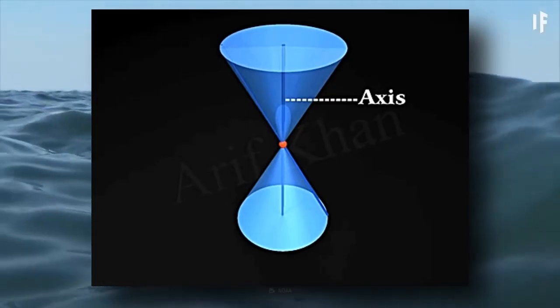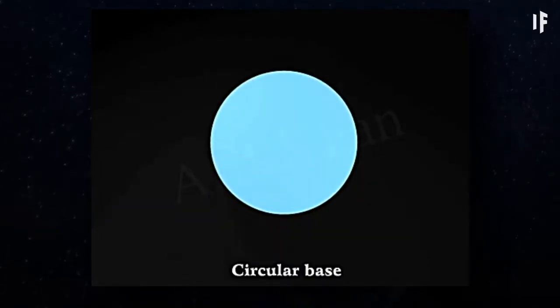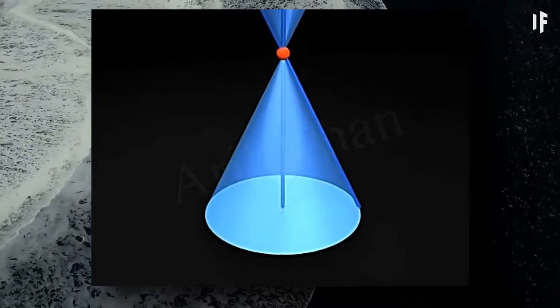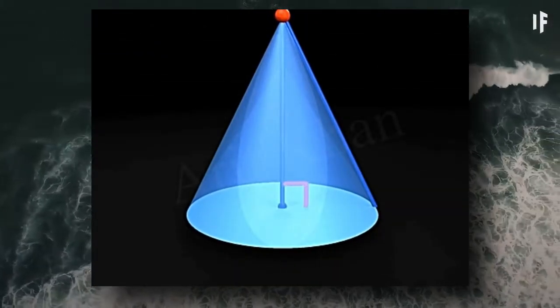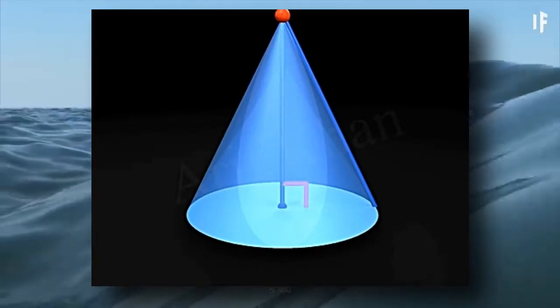axis. A right circular cone has a circular base, and its axis is always the perpendicular line from the center of the base to the vertex. The perimeter of the base is called the directrix.